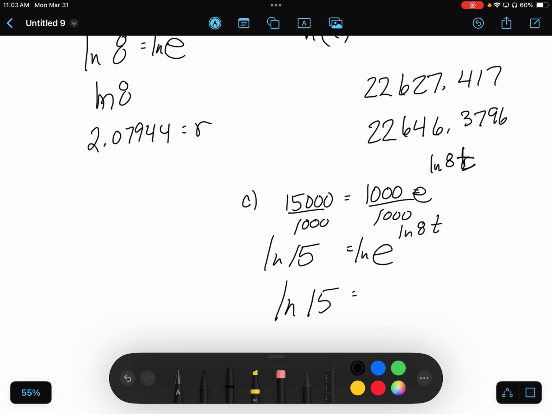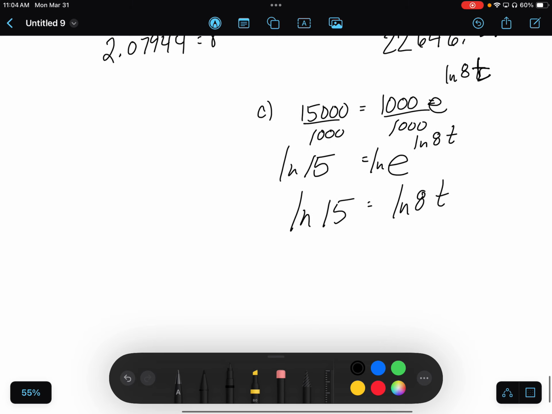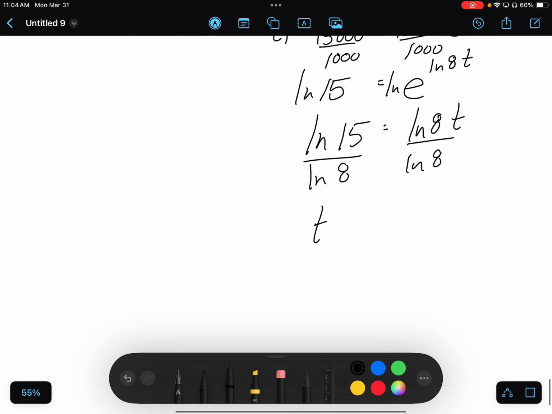So I get the ln of 15 equals the ln of 8 t. So then in my calculator, when I divide both sides by the ln of 8, I get the ln of 15 divided by the ln of 8, which gives a time of about 1.3 hours. Is it in hours?